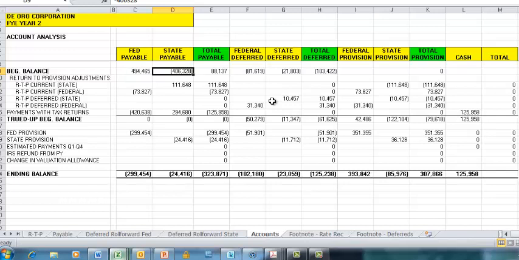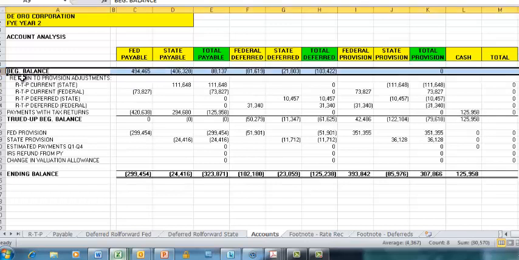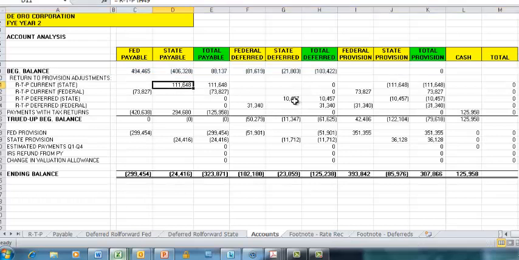The concept I want you to understand is, I took last year's balances, and then I said, I've got to fix my payable, I've got to fix my deferred, and out will come provision entries. And after I fixed my payable, and I got my refunds, or I made my payments, I could explain my balance. I don't owe any state money, I don't owe state tax, and they don't owe me anything.